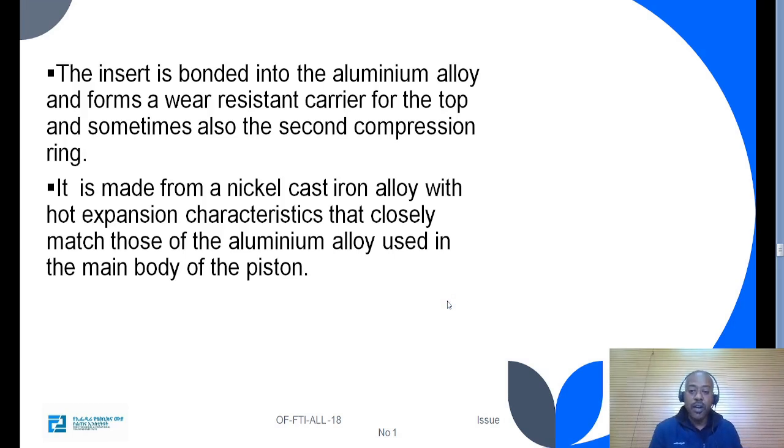The insert is bonded into the aluminum alloy and forms a wear resistant carrier for the top and sometimes also the second compression ring. It is made from a nickel cast iron alloy with thermal expansion characteristics that closely match those of the aluminum alloy used in the main body of the piston.